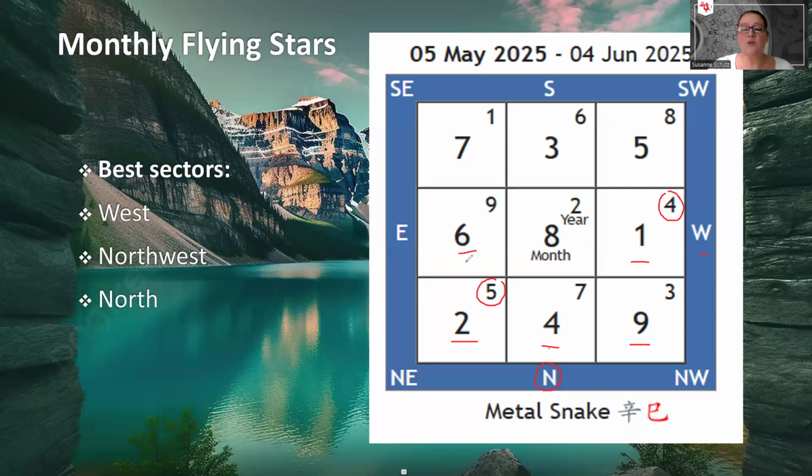Then we've got the East with the monthly number 6. So the monthly number 6, together with the 9 here, is actually not a bad sector per se, but because we've got a hidden number 3 here, so the Zhengua from the East, this can actually lead to accidents.